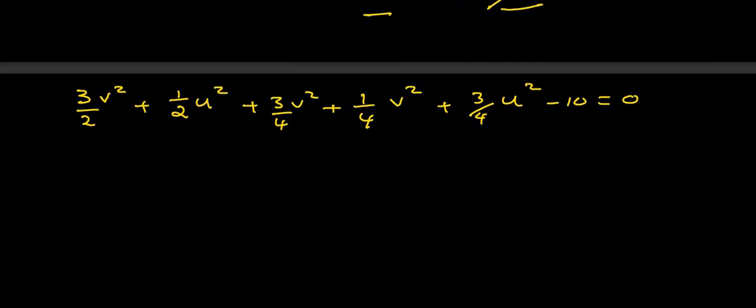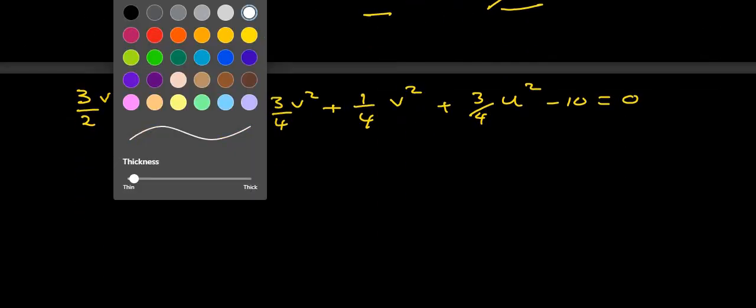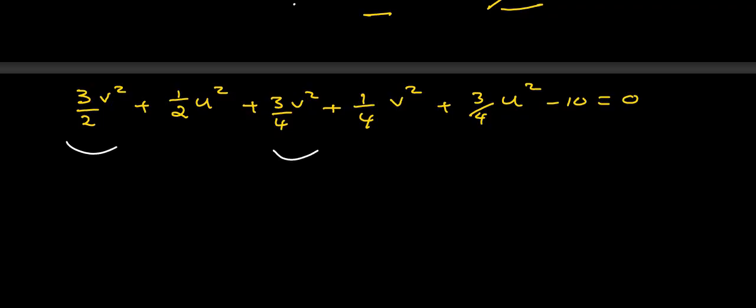Now just gather the like terms. Anything that has v, that's x, right? This part. For lack of better terms, hope this is going to be okay. That's 1.5 plus 0.25 plus 3/4. So we can just add this. What's 3 over 2?